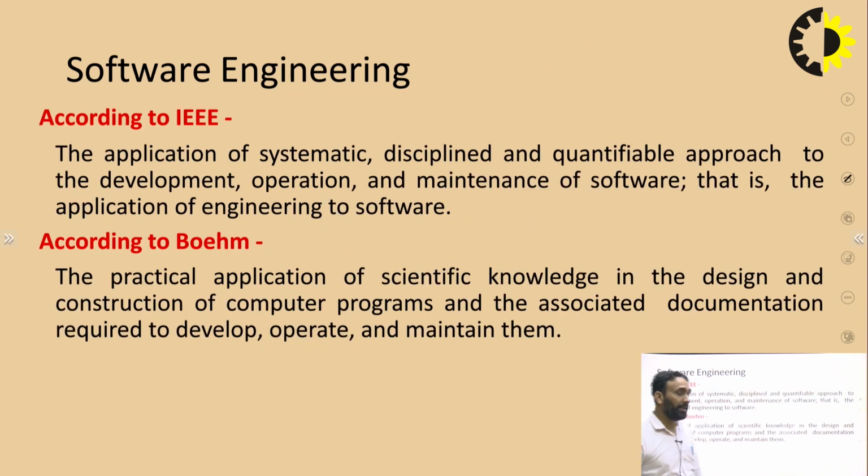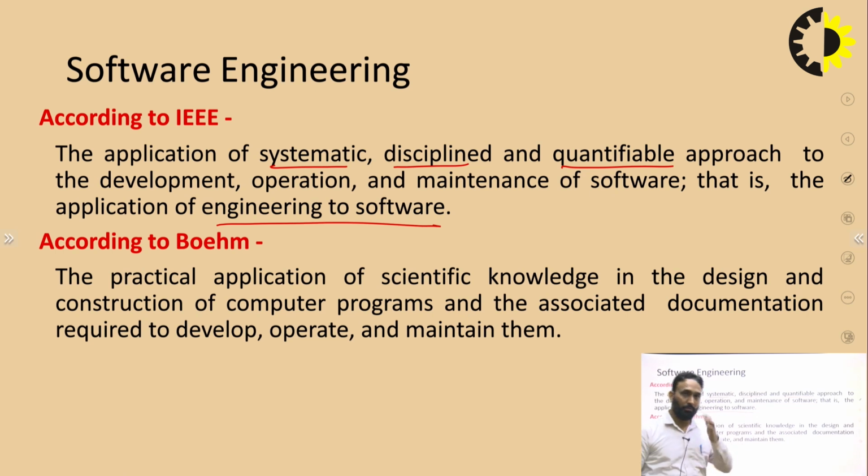Now it is a very refined definition of software engineering. I am reading here: the application of a systematic, disciplined and quantifiable approach to the development, operation and maintenance of software, that is, the application of engineering to software.